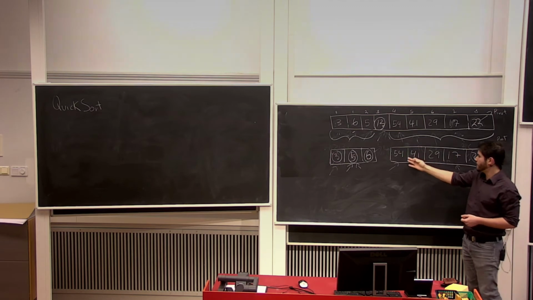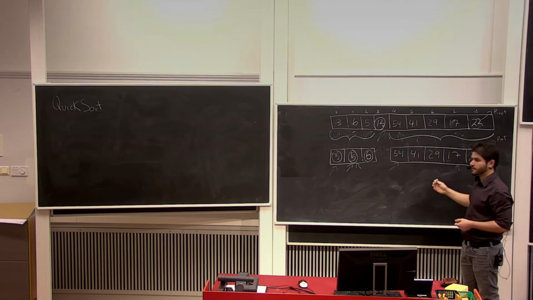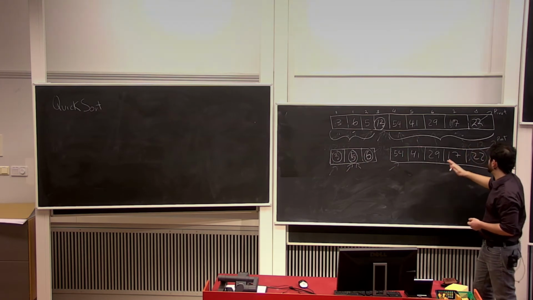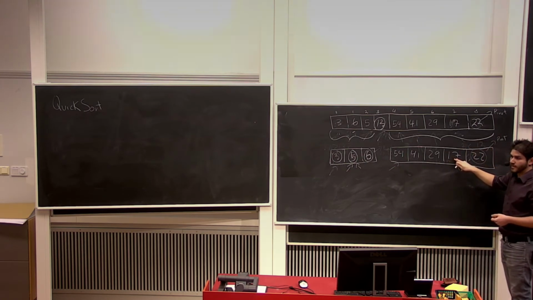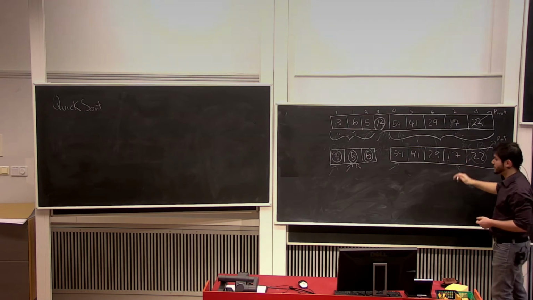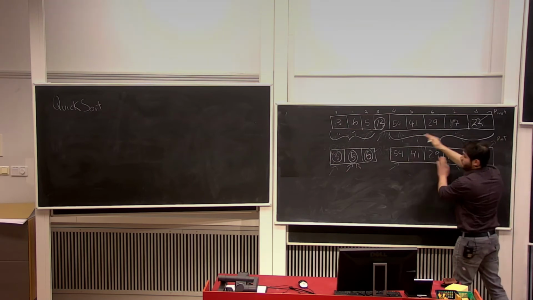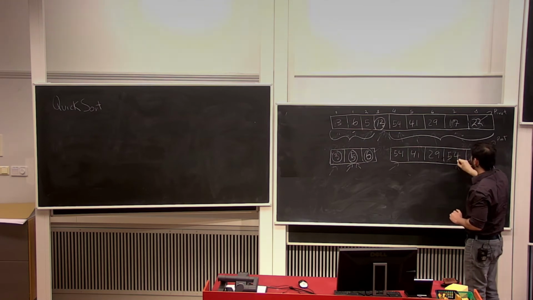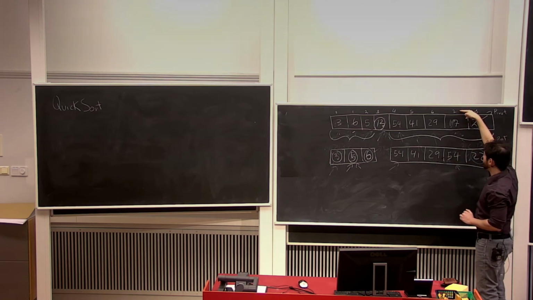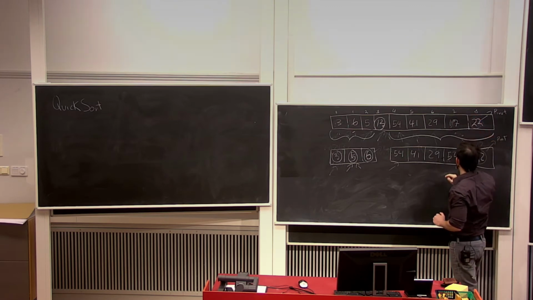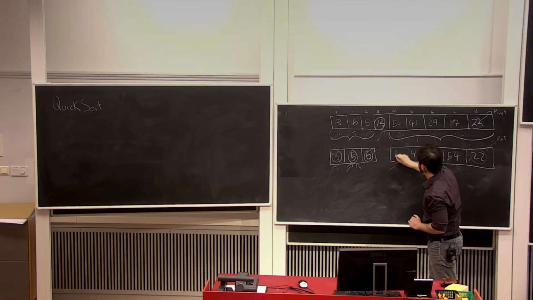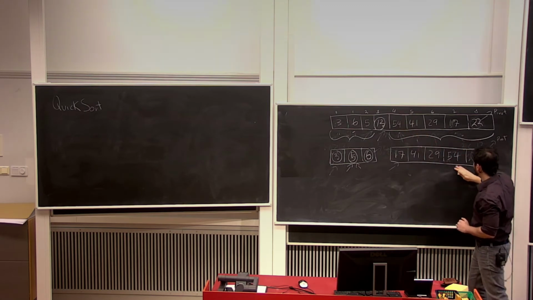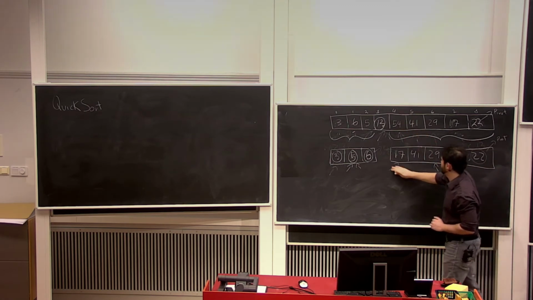Is 54 greater than the pivot? The answer is yes, so we stay in that position. Is 17 lower than the pivot? The answer is yes. Every time the answer is yes, we swap these two elements. So now 54 comes to position 7, and 17 comes to position 4, and we move the indexes.